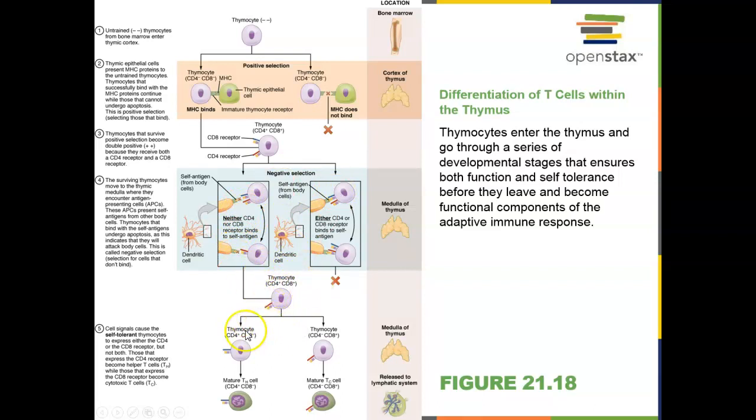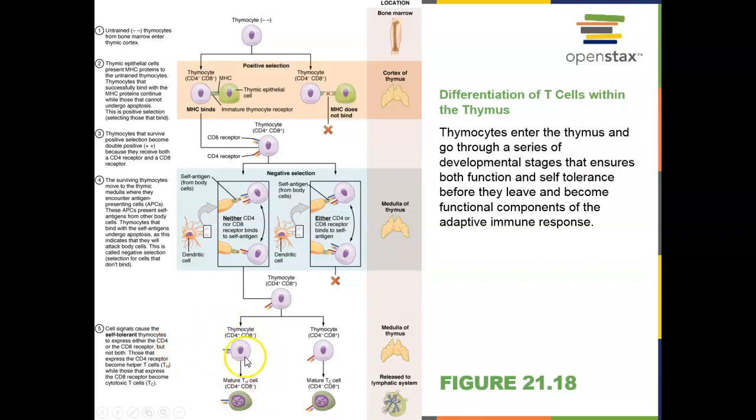After that, they're then going to mature into either a helper T cell or a cytotoxic T cell, depending on what they decide to be when they grow up. These cells are now considered self-tolerant.